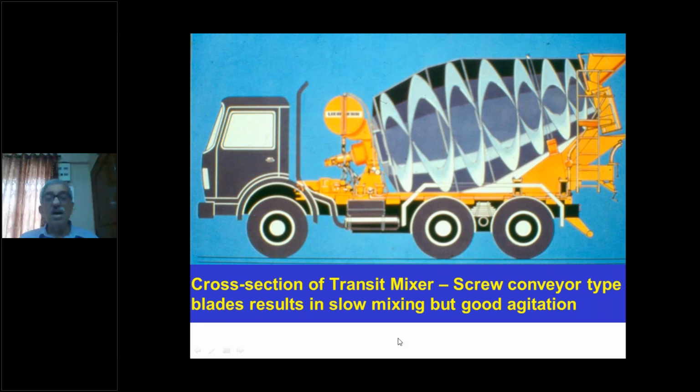The blades are like screw conveyors, and the transportation is done. It is recommended that when transportation is done, the drum must rotate at a very low speed of 1 or 2 revolutions per minute, because that will give good agitation as well as mixing.